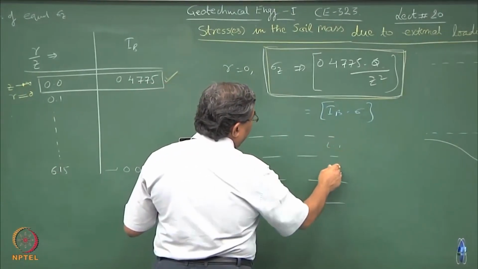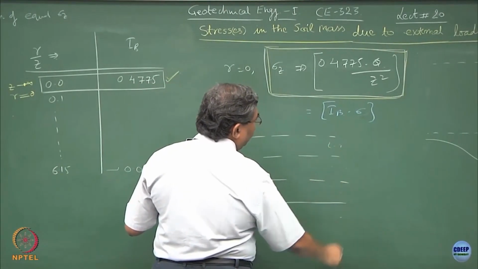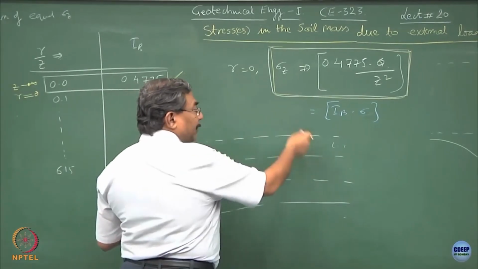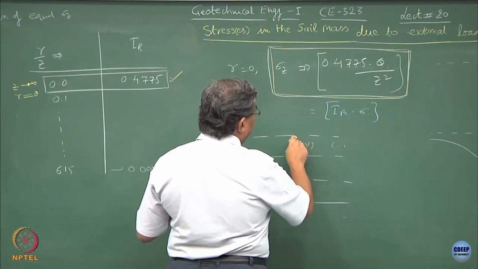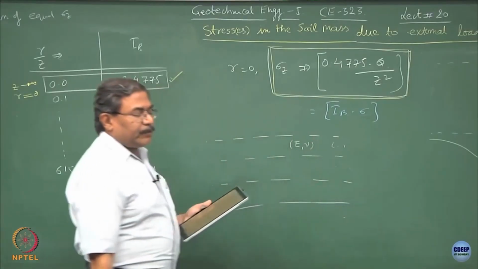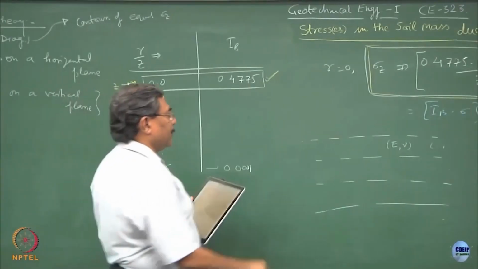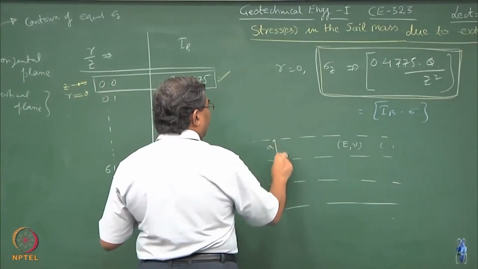This is layer number 1, layer number 2, layer number 3, layer number 4. We play with the stiffness of the material. Stiffness of the material is defined by epsilon, Poisson's ratio, elastic modulus, and the thickness.